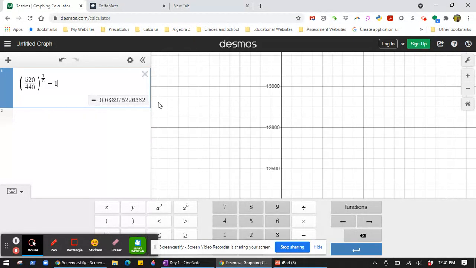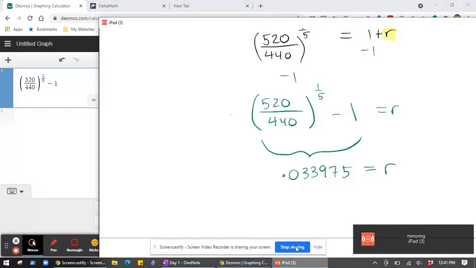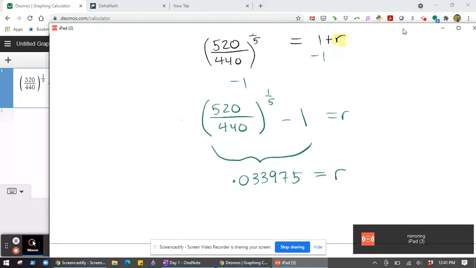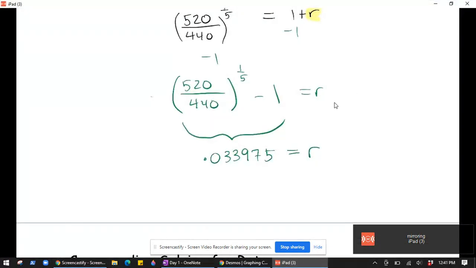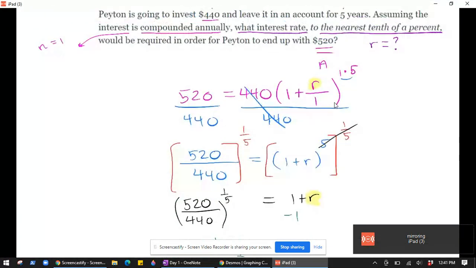So I've got an answer here of 0.033975. So I jotted down more than we're going to need. And the reason I did that is because we need to do two things right now.